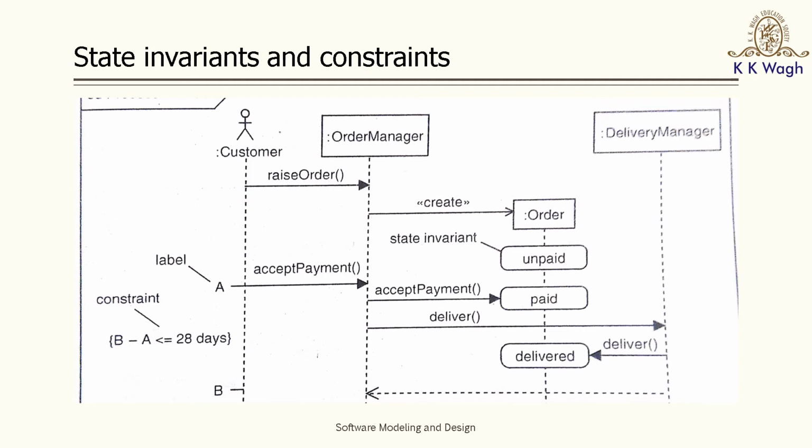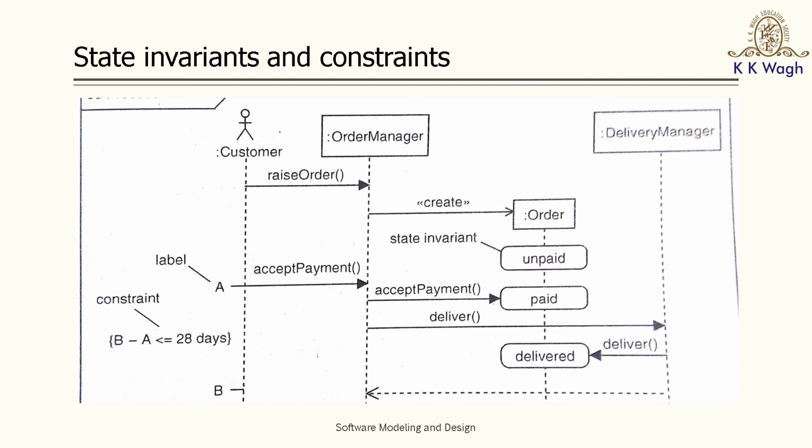This is the first constraint. The next is that the items specified in the order can only be delivered after payment. That means the delivery will be done only after accepting the payment. The items are delivered to the customer within 28 days of payment. This is the third constraint.